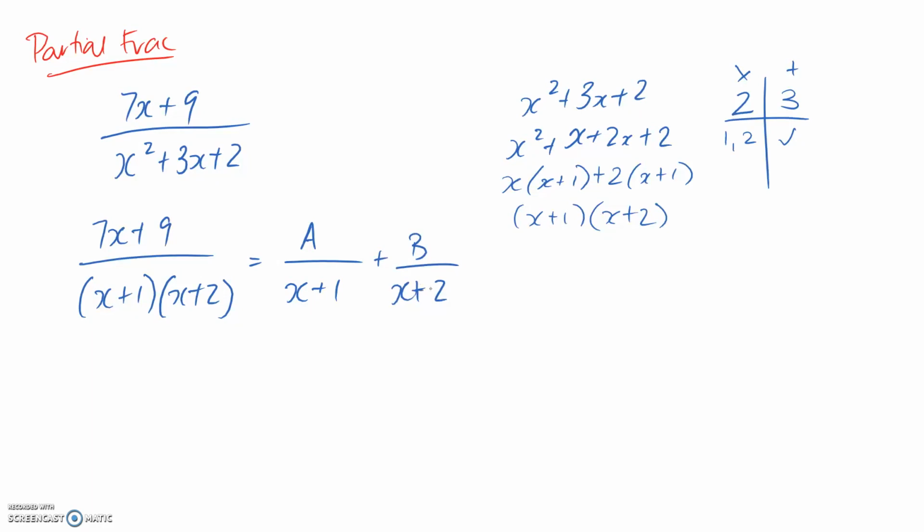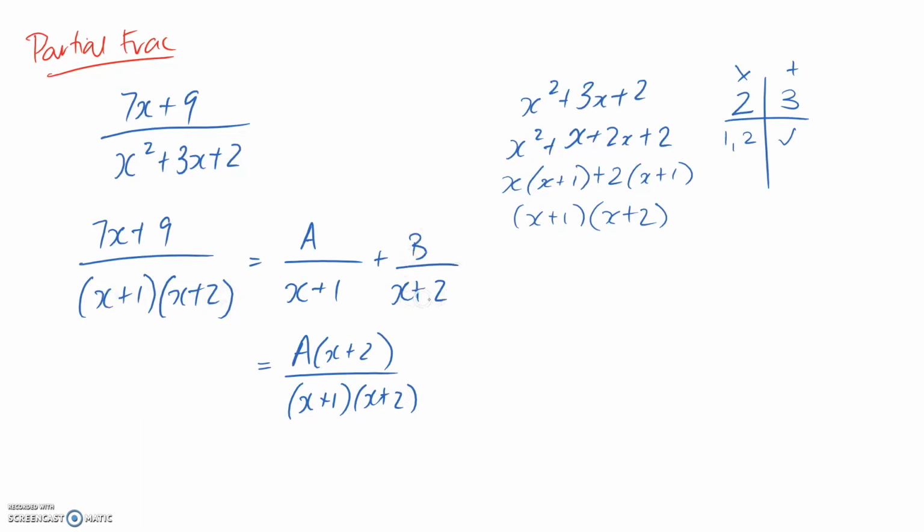Alright, so the next step is to try and figure out A and B, and I can do that by first getting a common denominator across all of my terms. If I multiply this first fraction here by x plus 2 over x plus 2, I'm going to have the same denominator as what's over here.